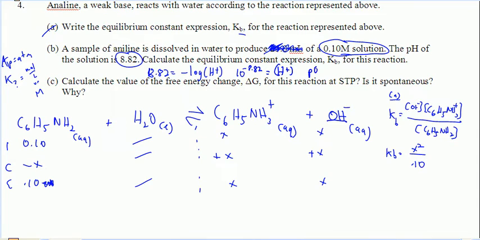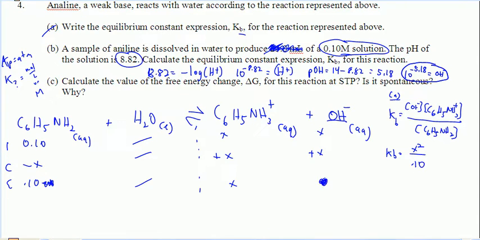I got to get the pOH now, which is 14 minus 8.82, which should be equal to 5.18. So 10 to the minus 5.18 equals the OH- concentration.